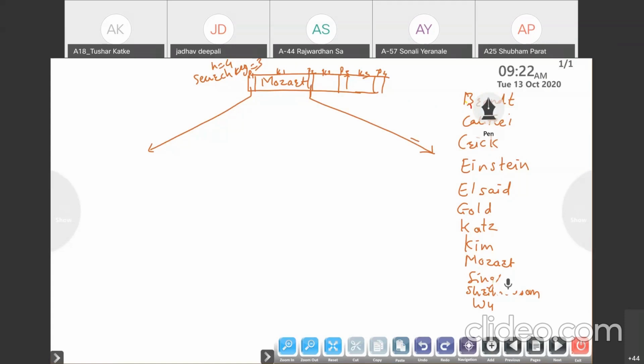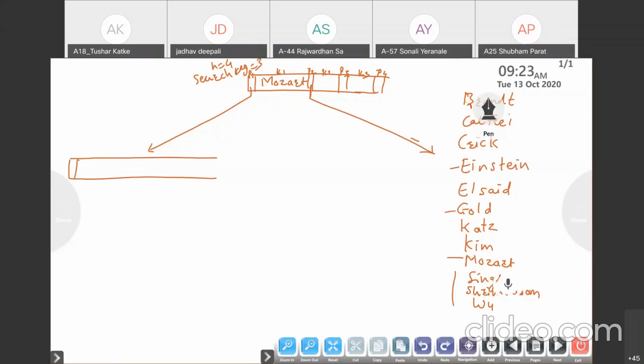So here we are going to draw a subtree. Again the non-leaf node structure is the same. Here, see, Mozart is here. So many values are there before Mozart and there are 3 values after, correct? Among these, suppose randomly I choose Einstein and gold.